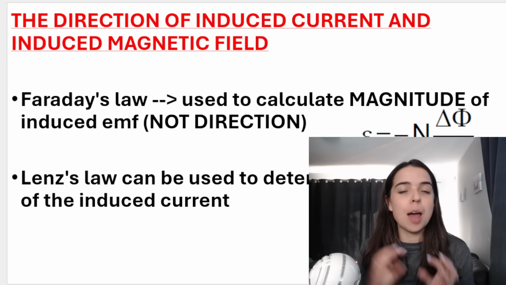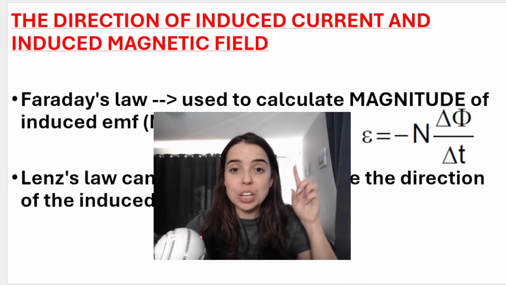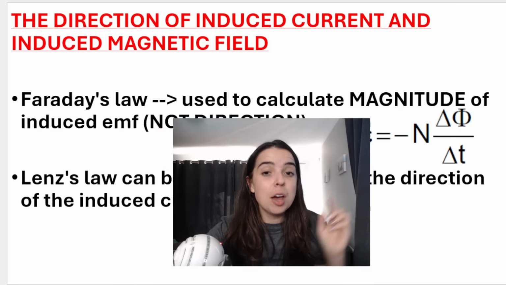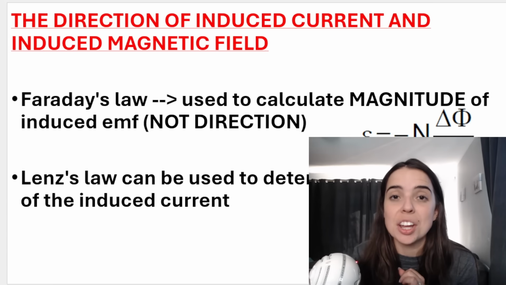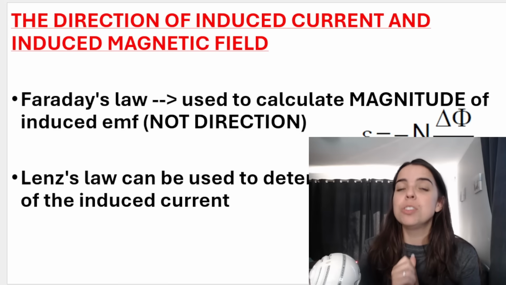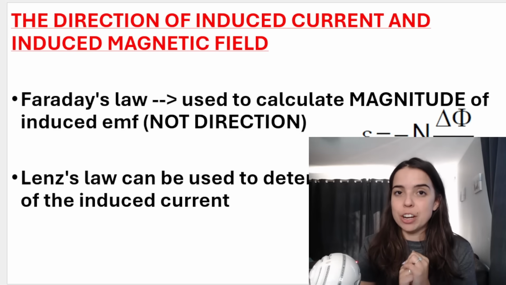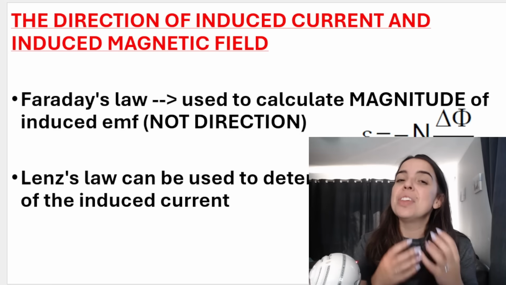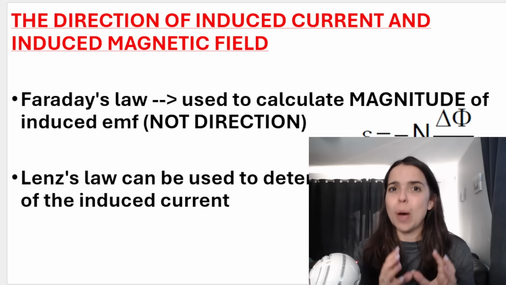At this point in time, we only know how to work out the magnitude or the size of the induced EMF and current, but in today's lesson, you're going to learn how to work out the direction of the induced current, so the direction of the current that is created and the direction of the magnetic field that is created because of this induced current. This section is quite complicated.